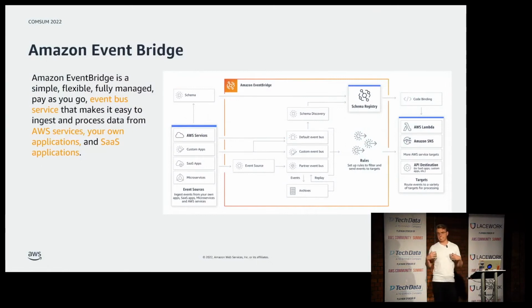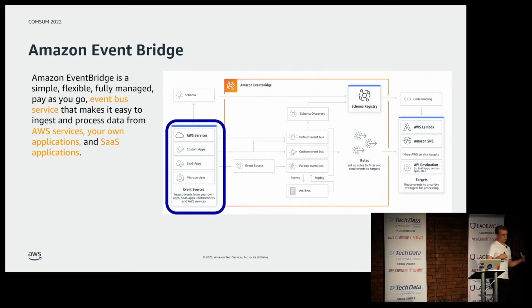EventBridge makes it really easy to connect your applications together. It allows you to ingest, filter, transform, and deliver events without writing any custom code. And because EventBridge is completely serverless, it scales as you start to use it more, and you only pay for the events that you ingest.